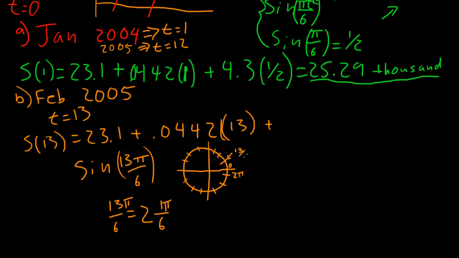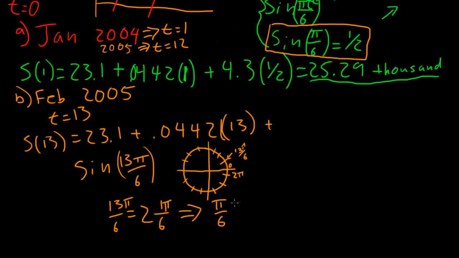So this would give us 13 pi over 6, which is the same coordinate when it comes to radians. This is the equivalent coordinate to just pi over 6, which, believe it or not, is the same value that we had up here. And we got 1/2 for that. So we got 1/2 times 4.3.